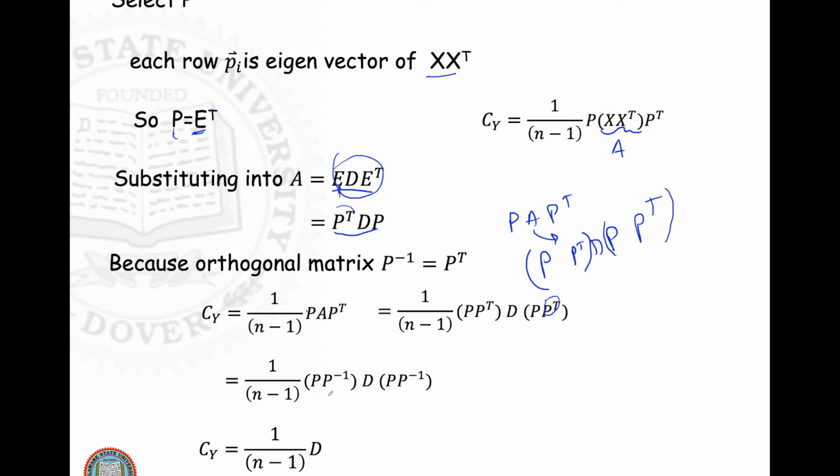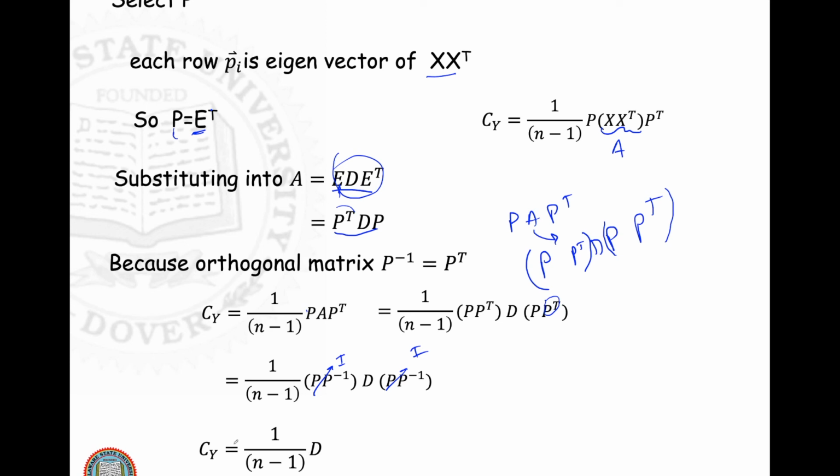Well, you multiply some linear system by its inverse, that's just the identity. So we have an identity matrix here and an identity matrix here. And now what we're left with is 1 upon n minus 1 times this diagonal matrix. And lo and behold, the covariance of the resulting transformed version of the data is diagonalized.